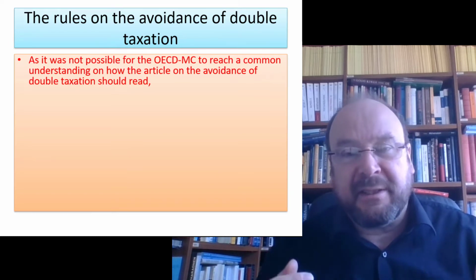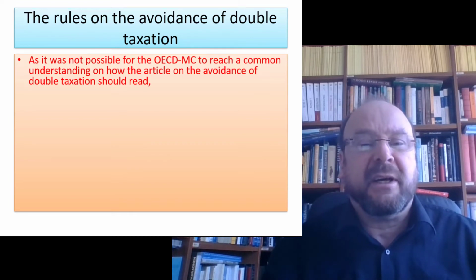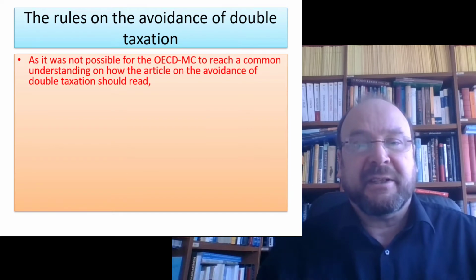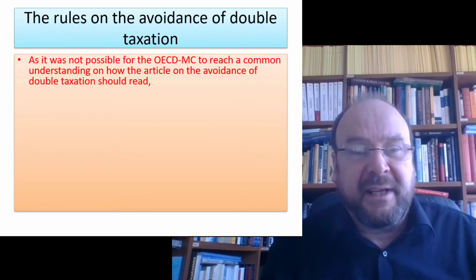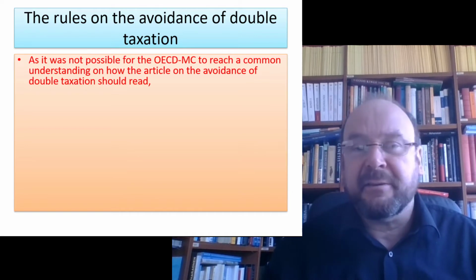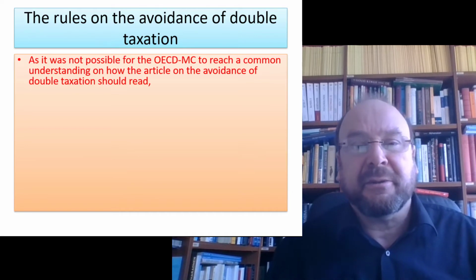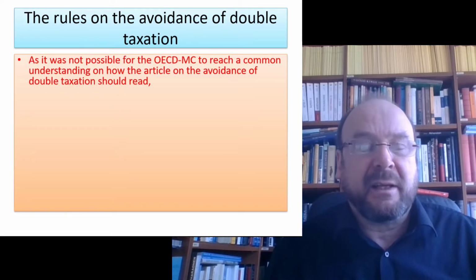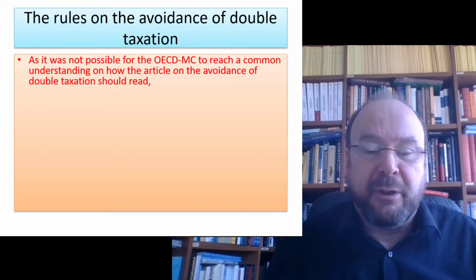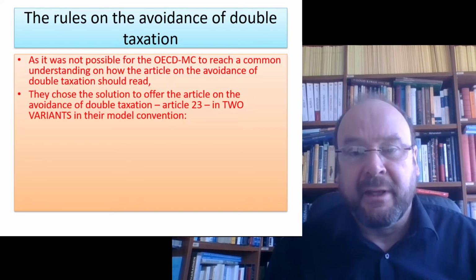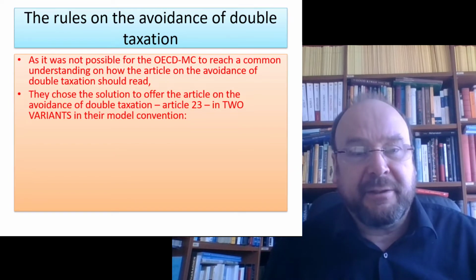But then they said, well, we don't need to, because we are only writing the draft and the states do the negotiations. So if there are two exemption states or two credit states, these states can decide on their own what they are going to do. So what they found as their way out of the problem was they just proposed two different variants for Article 23, the A and the B variant.